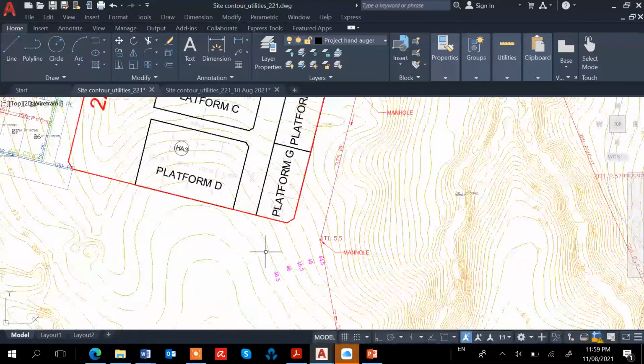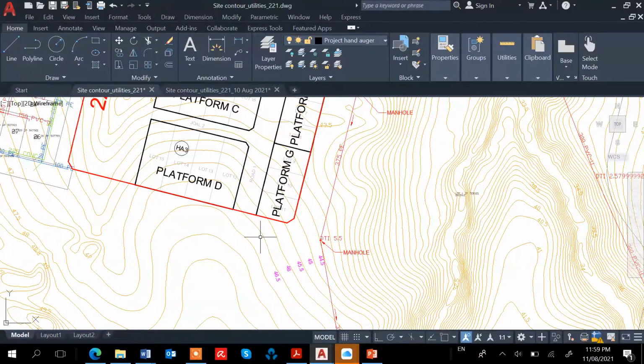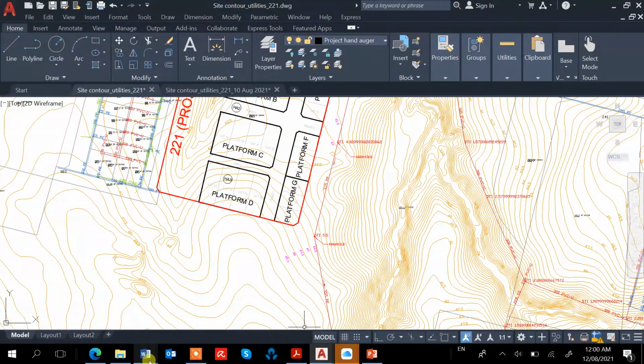This one will be 40. This contour will be 47, because of the difference in the contour level. The interval of the contour level is 0.5. So this is 47, 46.5, 46, 45.5, 45, 44.5, and then this is 44.